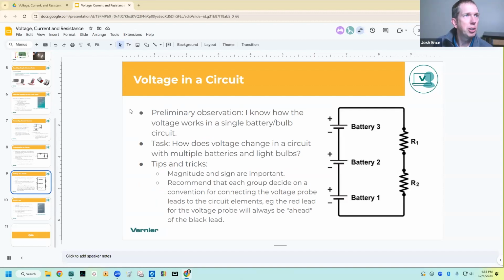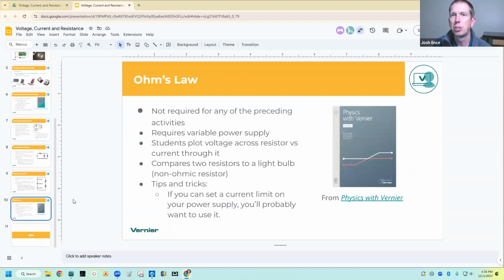Fred asked a question about seeing lots of fluctuations with their power supply when they do Ohm's law. One thing I didn't mention before about this Ohm's law experiment is that when you put a variable power supply in front of your students like that, their impulse is to turn that knob all the way up.